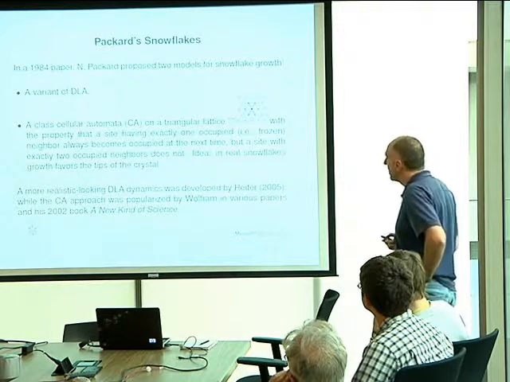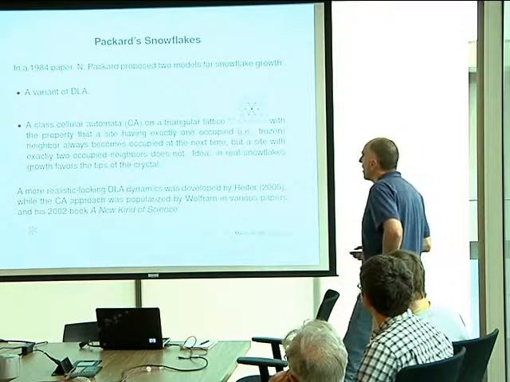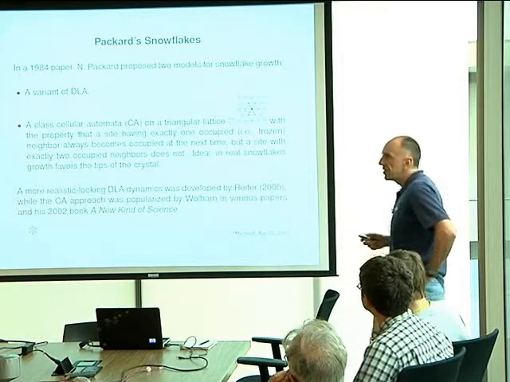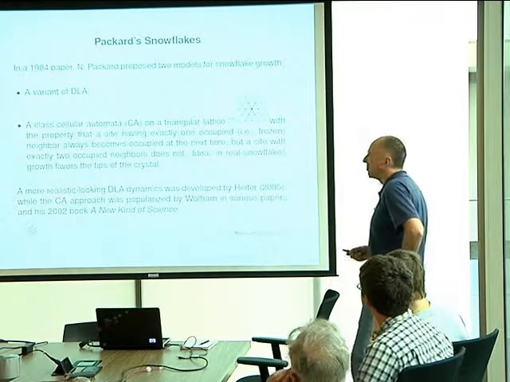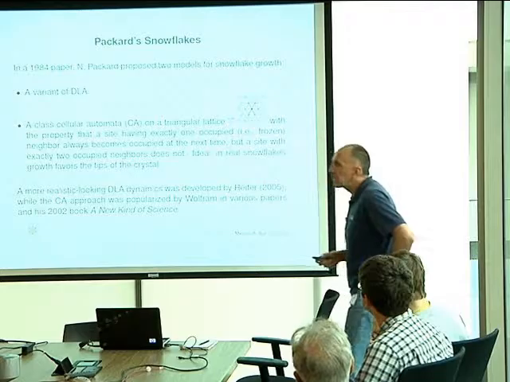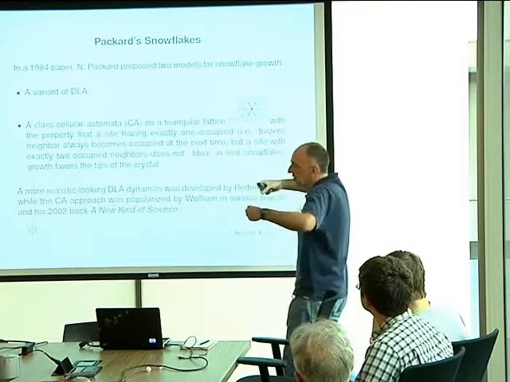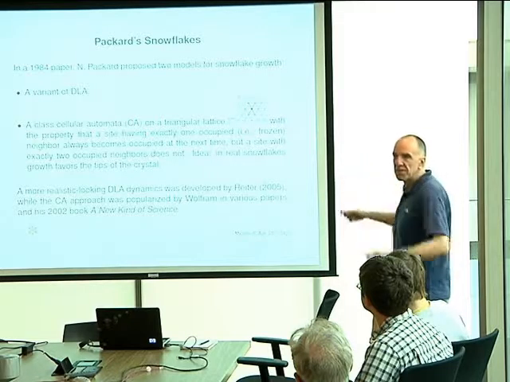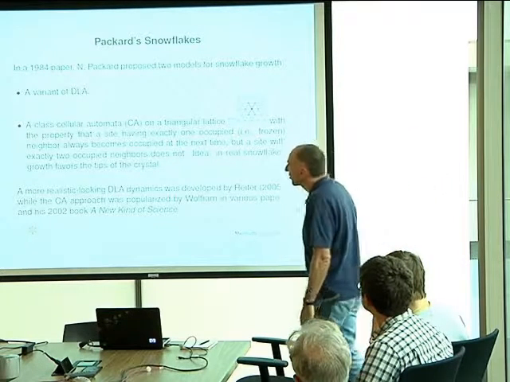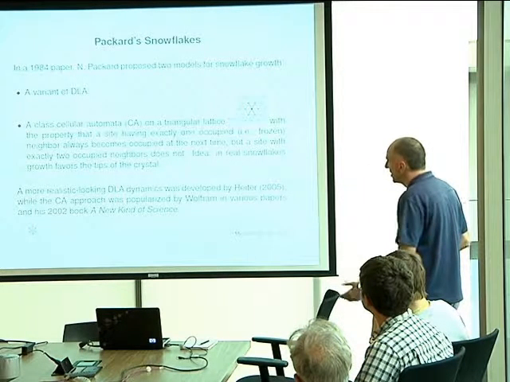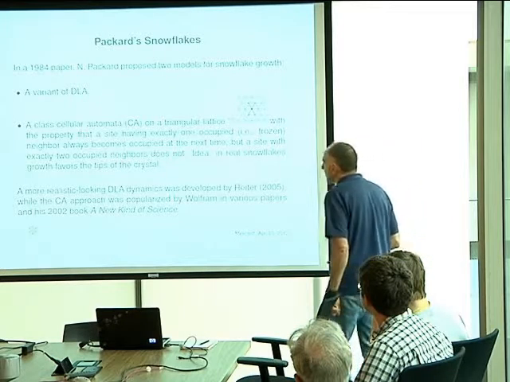And basically, he observed that if you for sure become occupied when you see exactly one occupied site, but for sure do not become occupied when you see exactly 2 occupied sites, then this growth kind of favors the tips. So you create, as you will see, some sort of structures which look like snowflakes.